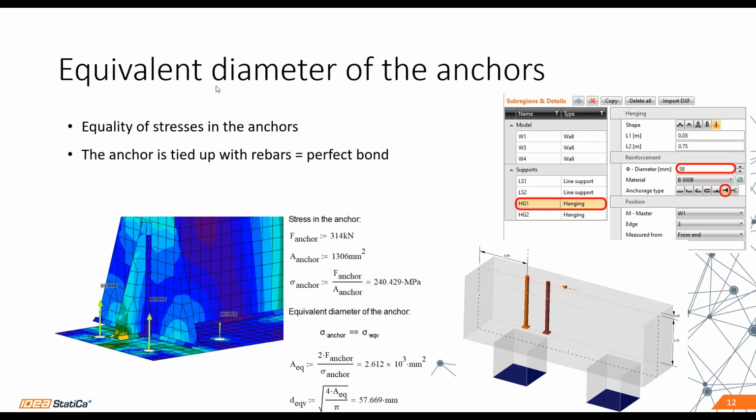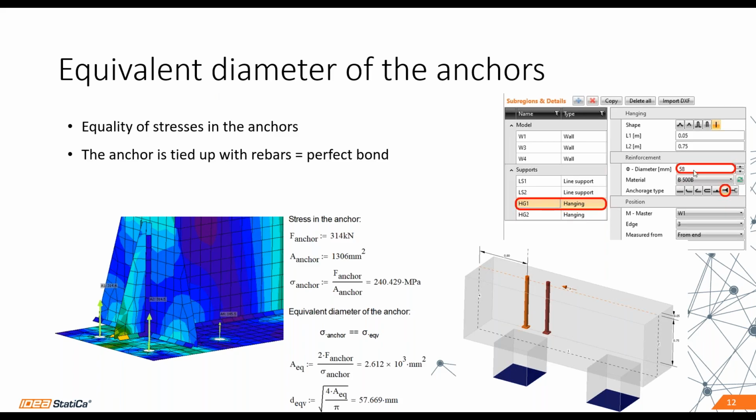anchor, and the equivalent anchor is based on the equality of the stresses. So generally you have the forces in the anchor, you also have the diameter, so you have the area. From the area and the force, you can calculate the stresses, and the stress has to be the same for the one equivalent anchor. So my equivalent diameter is 58 millimeters.